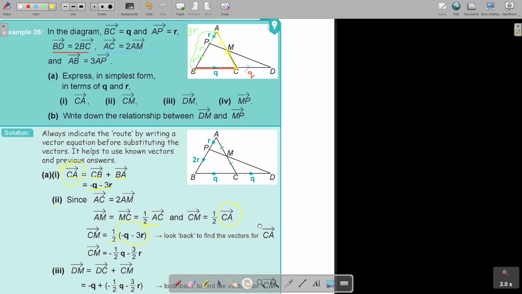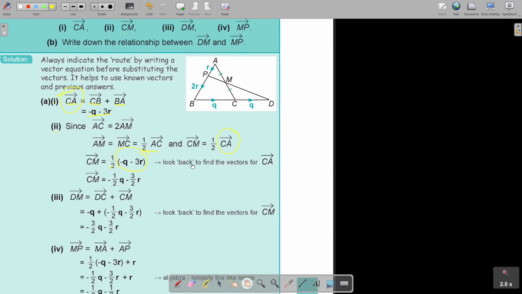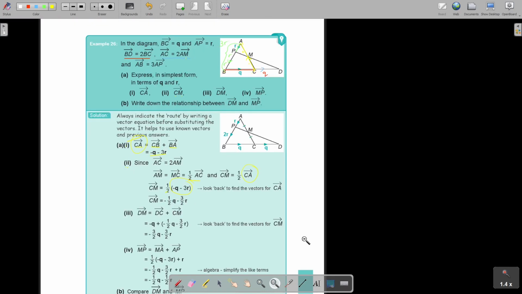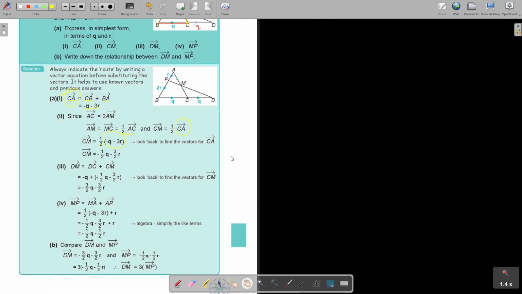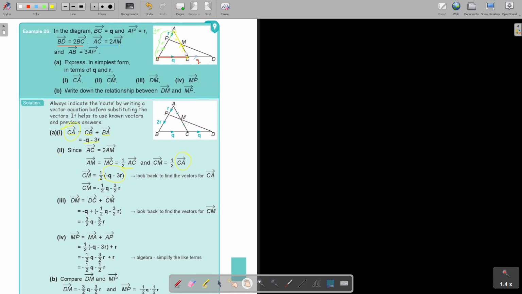Let me just make it smaller because I'm losing some of my information. MP, can I just show you? This is the route I was showing you.